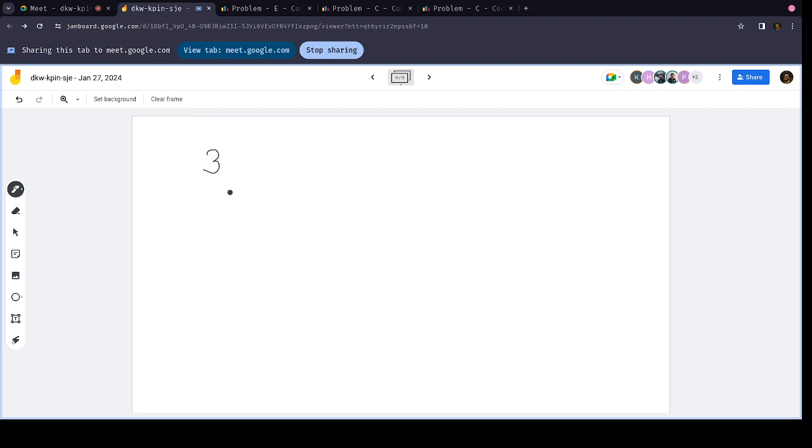So what I am proposing is, instead of doing the ceil function, how about you do something like this? 3 plus 4 minus 1. So for the general form, ceil of a by b can be written as a plus b minus 1 by b.